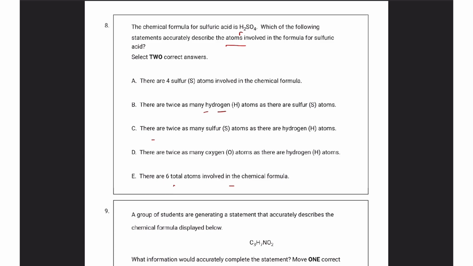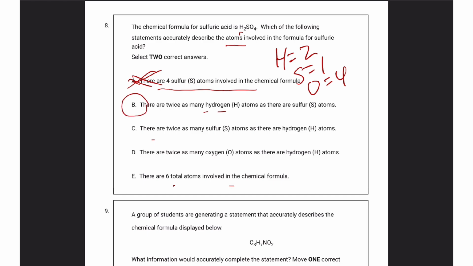Well, let's go ahead and see how many we have, just to put it down. We have 2 hydrogens, we have 1 sulfur, and we have 4 oxygens. So, are there 4 sulfur atoms? No. Are there twice as many hydrogens as there are sulfur? 2 times 1? Yes.